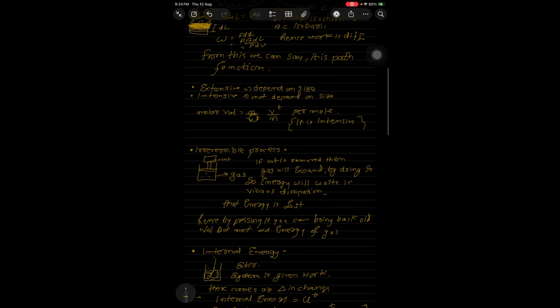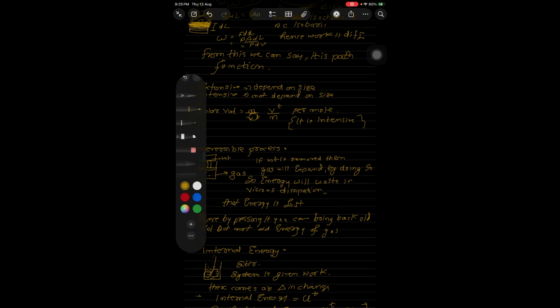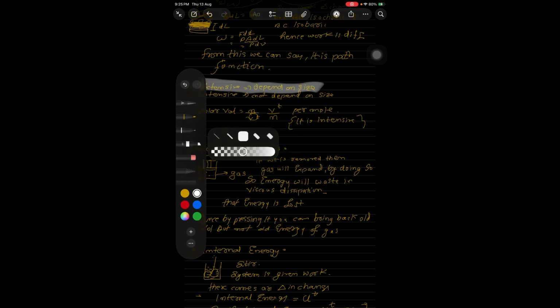Coming to another thing, what is meant by intensive and extensive properties? Intensive properties are those properties which do not depend on the size of the system. For example, there is water in a bottle.